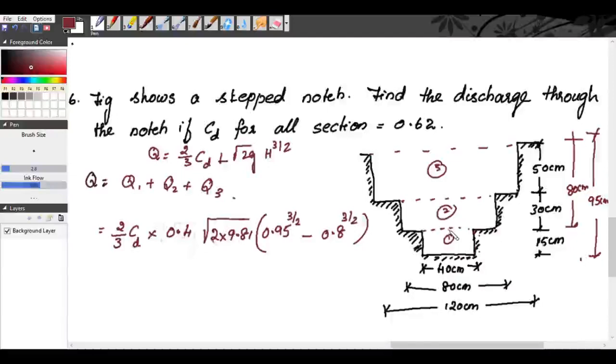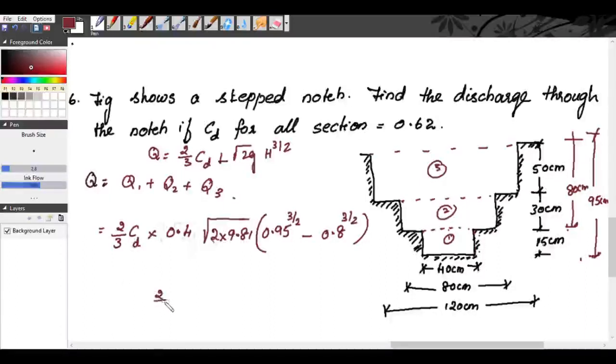See, you cannot take this distance completely. Listen, the flow through this section is equal to flow when the head is 95 centimeter minus flow when the head is 80 centimeter.